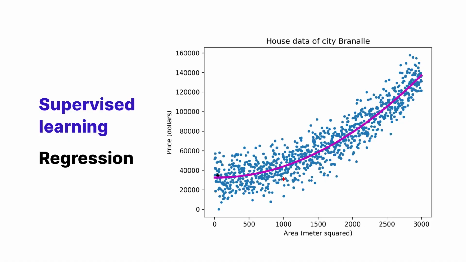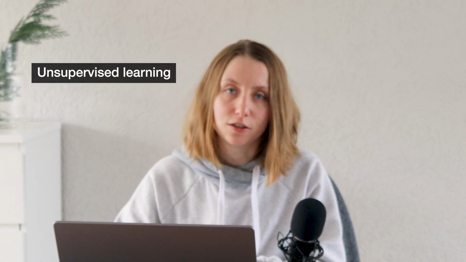If we have an input data of local home prices of different houses of different size, and we feed all this data to the model, then when we input a new home, for example, of a particular size in a particular city, this model will be able to detect how much it might cost based on the previous information that it was trained on. The next type of machine learning is unsupervised learning.